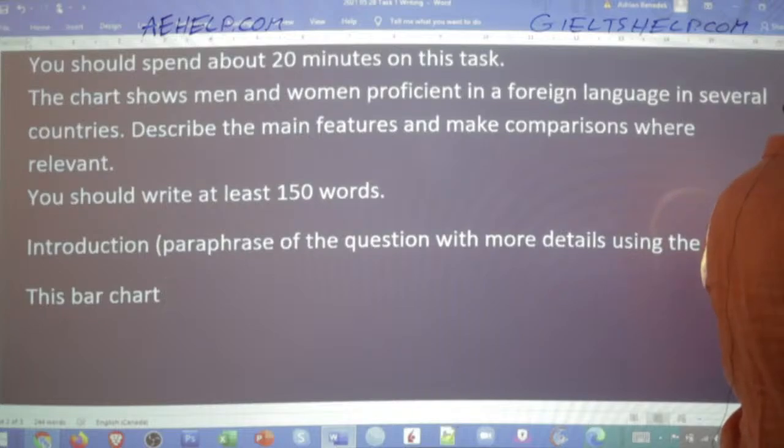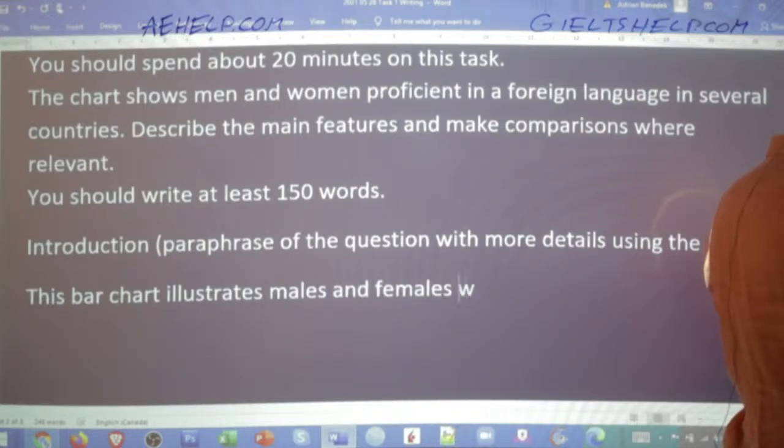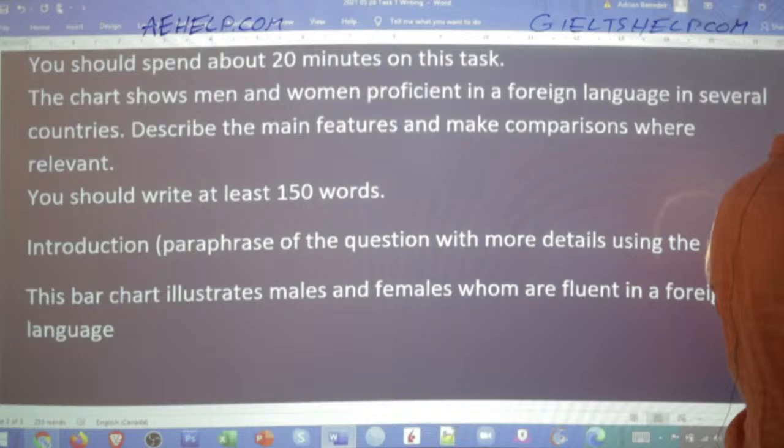So this bar chart illustrates males and females who are fluent in a foreign language in 6 countries.